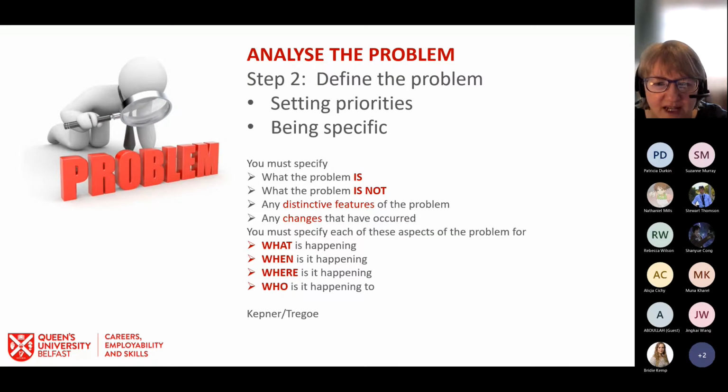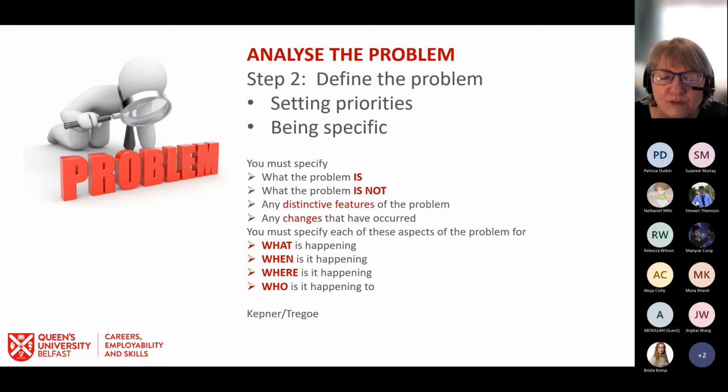And I'm just going to put in what is known as the Kepner and Tregoe approach to problem analysis. It's a very specific approach to defining problems. As it's written there, it can be quite complicated. I have a wee matrix in the next one, which will help you to look at it as well.